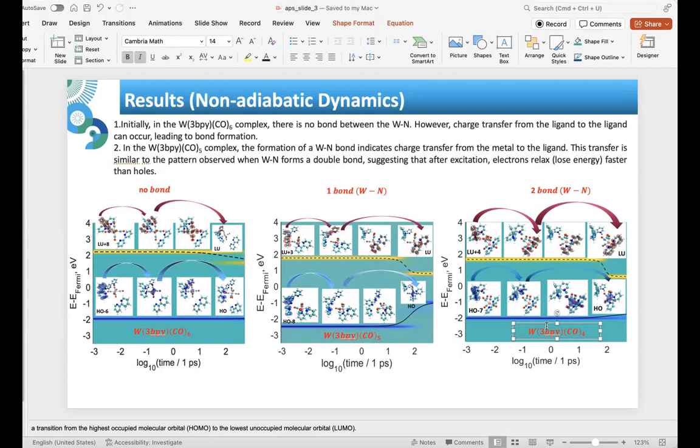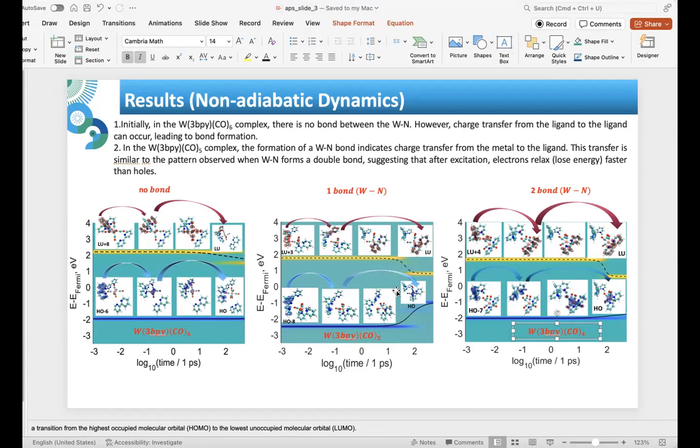When there is bond formation between tungsten and nitrogen, like the middle one, it is clearly visible that the transfer happens from the metal to the ligand structure, and we see a similar pattern when there is a double bond.